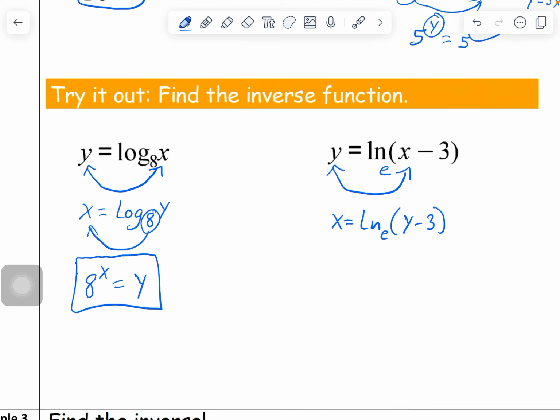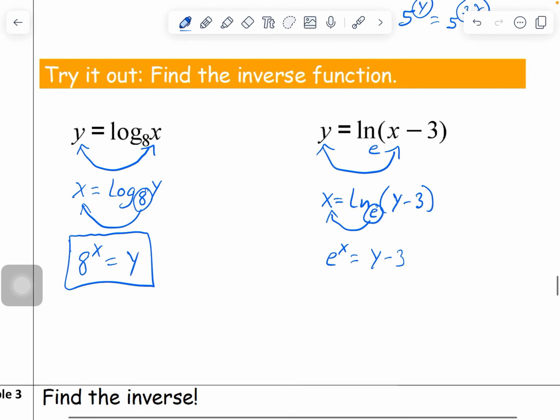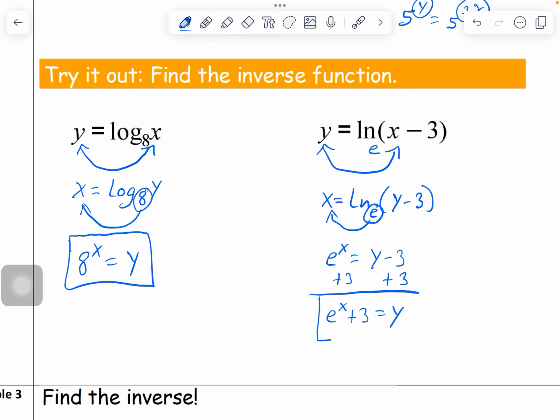Don't forget your e there. And now I'm going to rewrite it after I switch my x and y. So this would be e to the x. The natural log is now gone, and it's just left with y minus 3. And then we can add 3 to both sides because we're trying to get y all by itself. So e to the x plus 3 equals y.